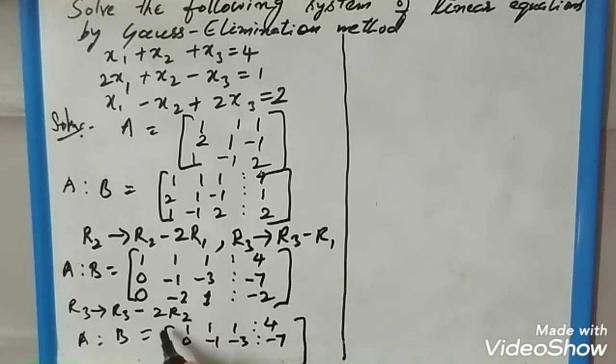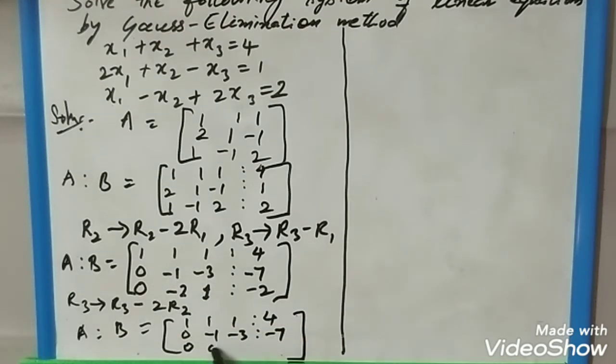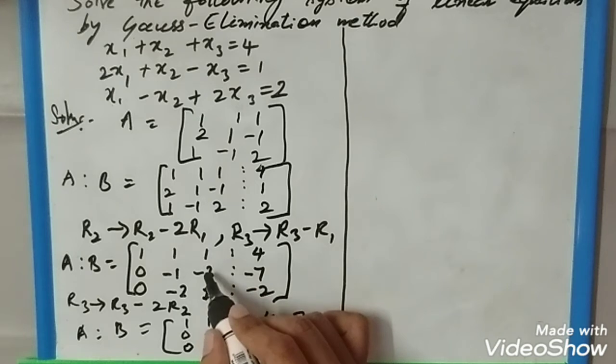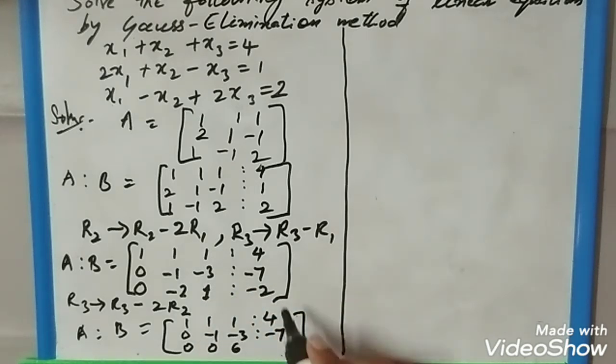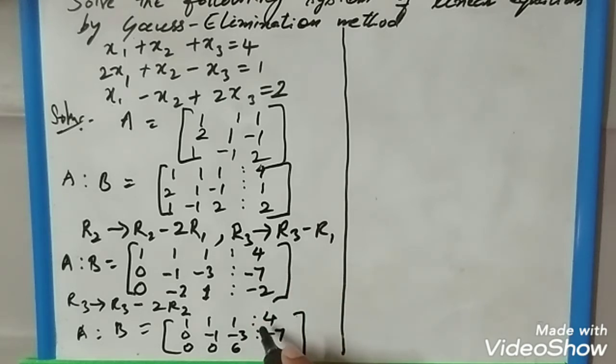The final row becomes 0 as it is, then minus 2 plus 2 becomes 0. Then 1 plus 6, since 2 threes are 6, minus into minus gives plus 6. Then 2 sevens are 14, minus into minus gives plus, and minus 2 plus 14 becomes 12.